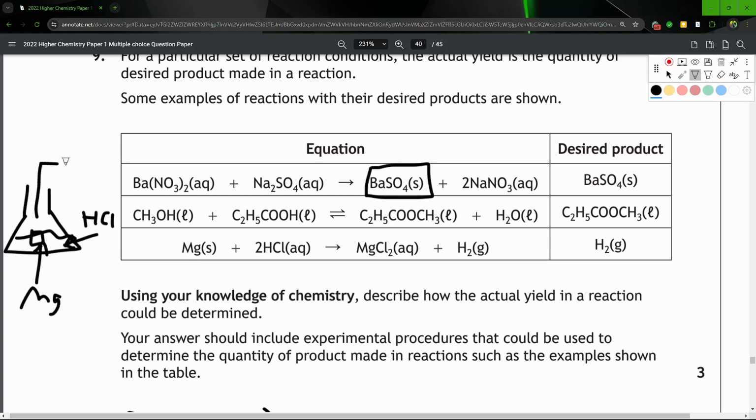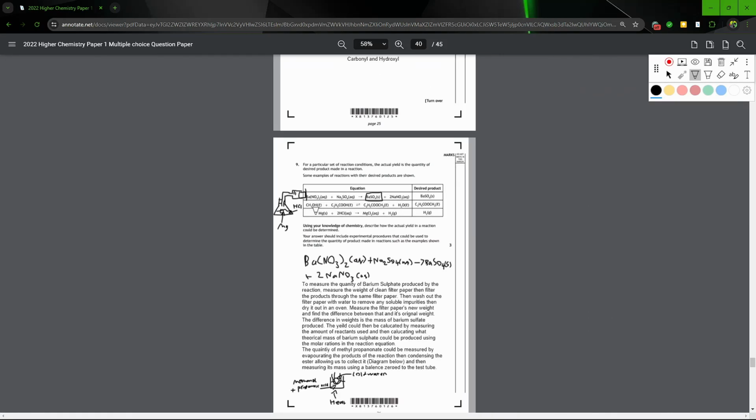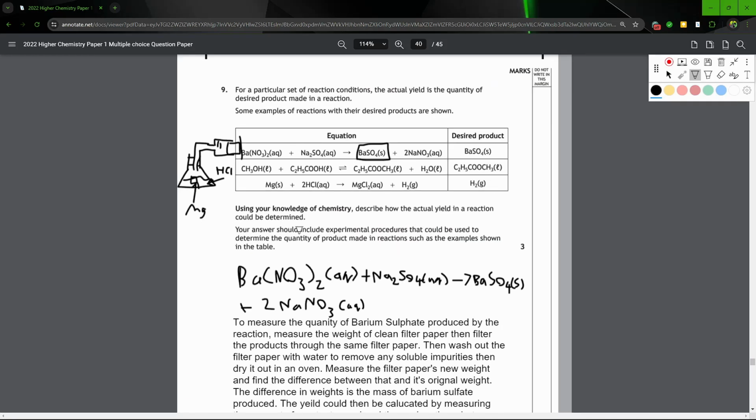And then we're going to have a pipe that leads to a gas syringe where you can measure the volume of your products, I mean, your desired products, because this solution will stay there, it won't go up. And then remember to have a stopper.